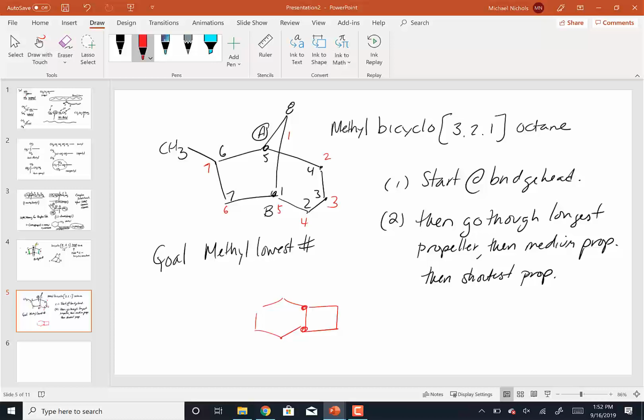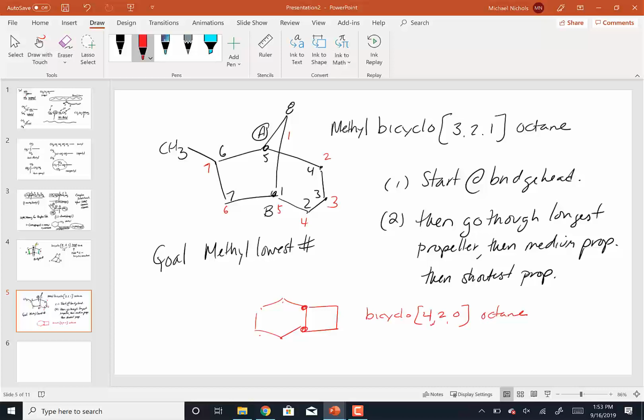It's missing the third propeller. So this would be called a bicyclo 4,2,0 octane, because 4 plus 2 is 6, plus the 2 bridgeheads makes octane.